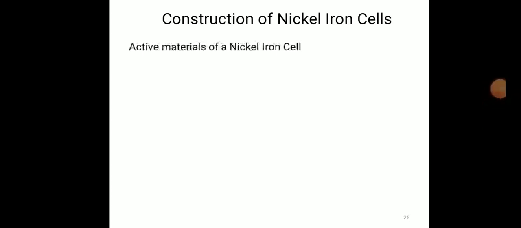Now we are going to discuss the construction of nickel iron cells. Already we discussed the lead acid cells in a very simple way: what the active materials are, how it works, and how it converts chemical energy into electrical energy through hydrogen ions and oxygen ions.